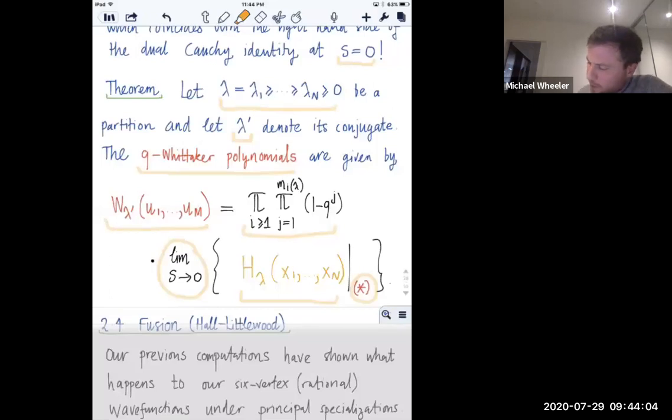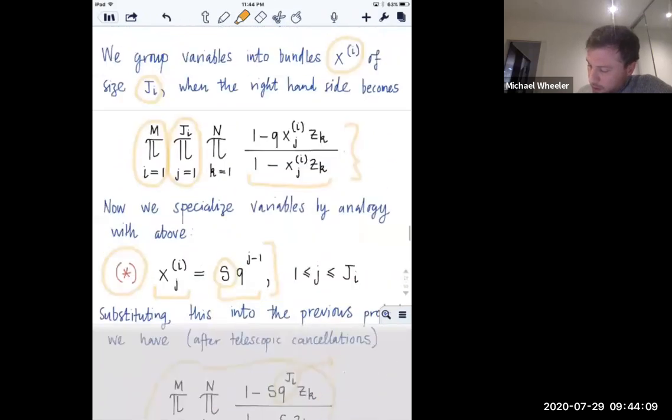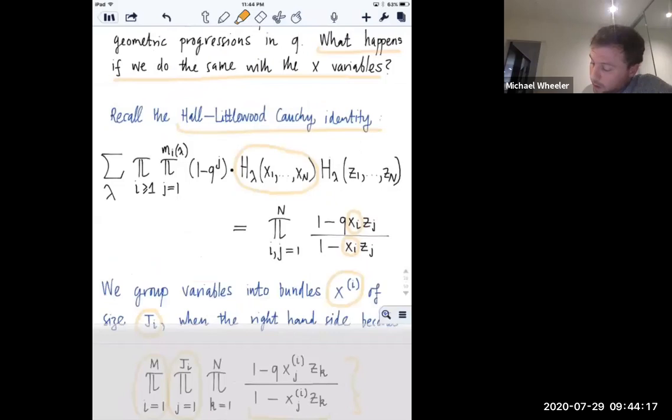So why is this a theorem? Well, let's go back to where we started, the Hall-Littlewood Cauchy identity. What we did is that specialization of the right-hand side, and when we do that, it transforms it into the right-hand side of the dual Cauchy identity.